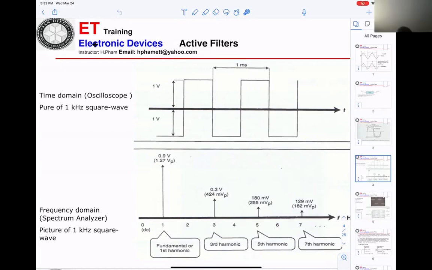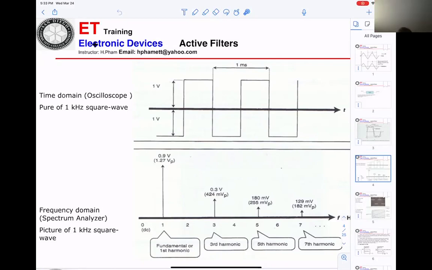And then the last question is, what is the 1.27 and the millivolts, the numbers below? Where do they come from? This is just some arbitrary amplitude, maybe for a 1 volt square wave. That's how the components break out by harmonics. I was just trying to figure out where those numbers came from. On the oscilloscope display you get 1 volt, right?